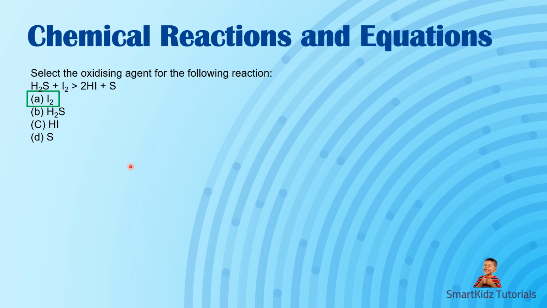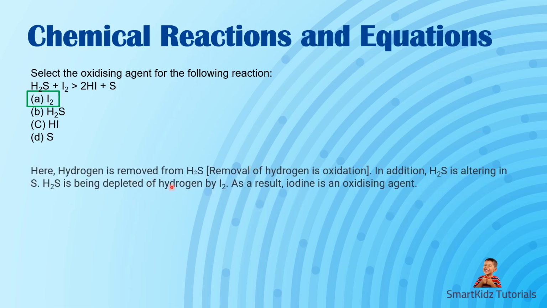In this case, iodine I2 is promoting that removal of hydrogen from H2S. Removal of hydrogen is oxidation. In addition, H2S is altered into sulfur. This is sulfur basically. H2S is being depleted of hydrogen by I2. As a result, iodine is the oxidizing agent.